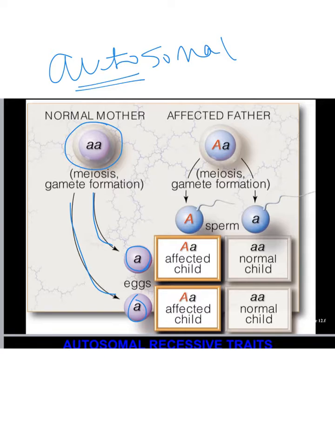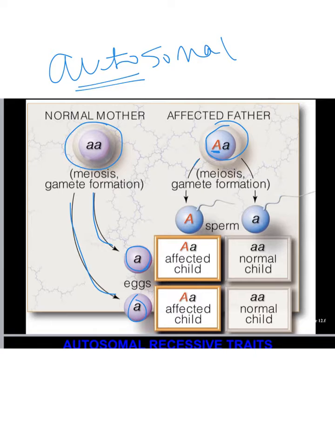In the male, he is going to have the genotype big A, little a, so he is affected by this trait. It's a dominant trait, so because he has the dominant allele, he is going to express this trait, whatever it is.